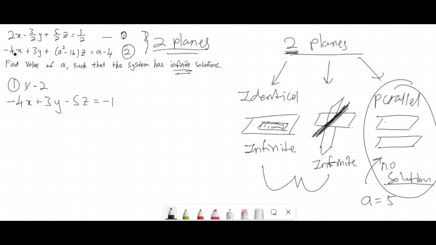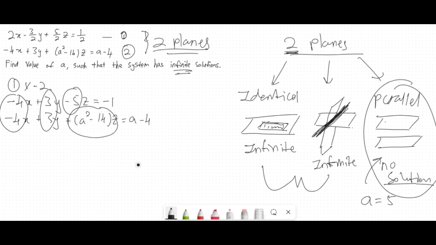And then let's copy down equation number 2: plus 3y, plus a squared minus 14z equals a minus 4. Notice how they match up, and that must mean this negative 5 should be equal to a squared minus 14. Only then will it be parallel.